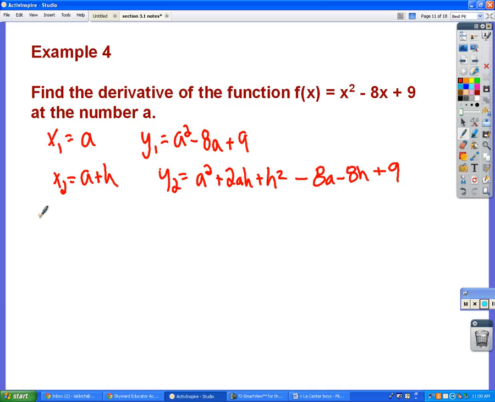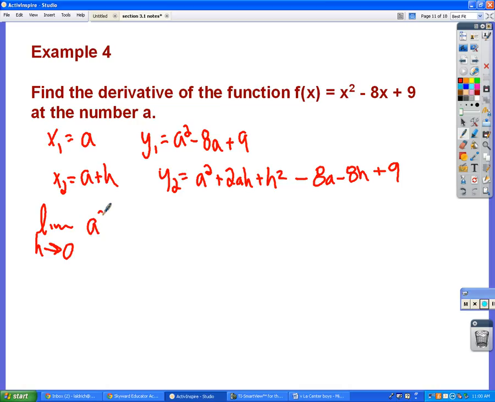Okay, so now we are going to say the limit as h approaches 0 of this thing, y2 minus y1, divided by h.